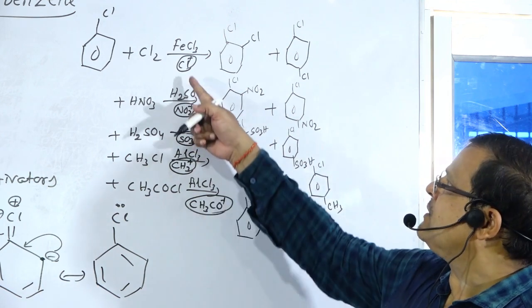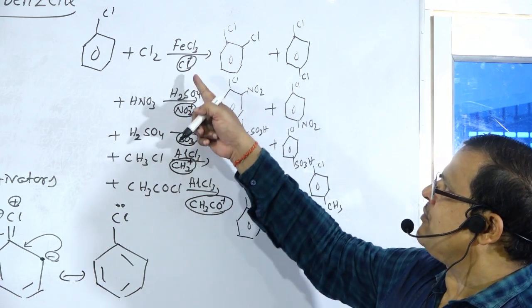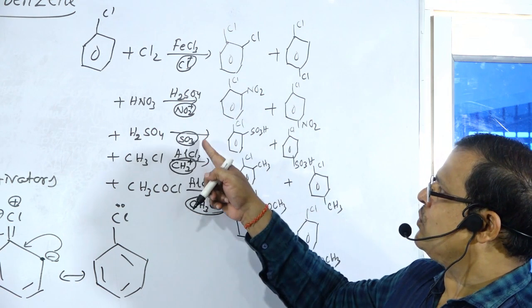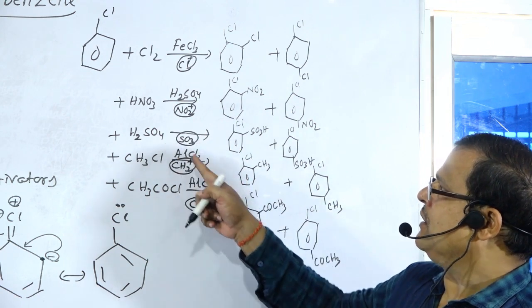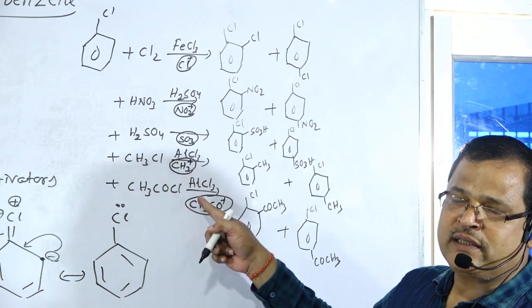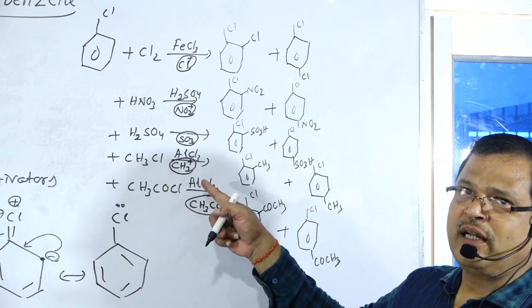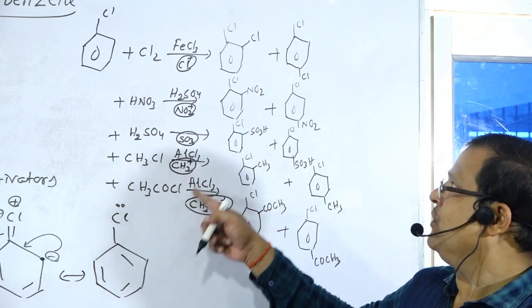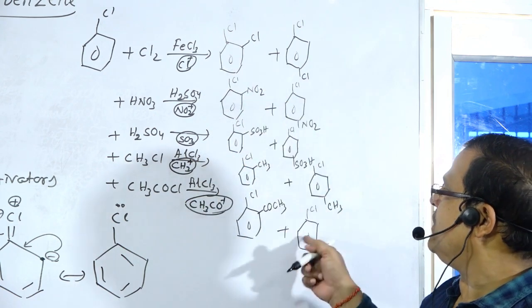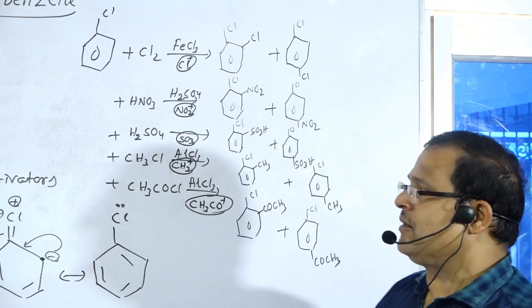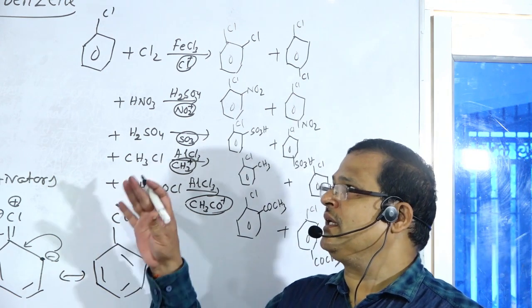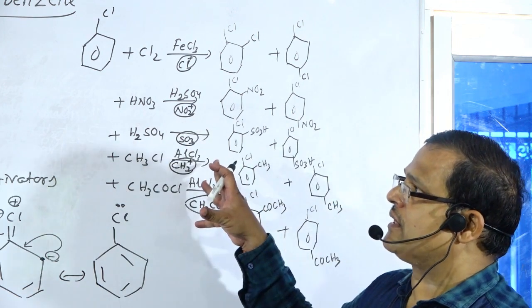Therefore electrophiles Cl plus in chlorination, NO2 plus in nitration, SO3 in sulfonation, CH3 plus in Friedel-Crafts alkylation, or CH3CO plus in Friedel-Crafts acylation will be directed to the ortho or para position. In all these cases, the electrophile enters at the ortho and para positions.